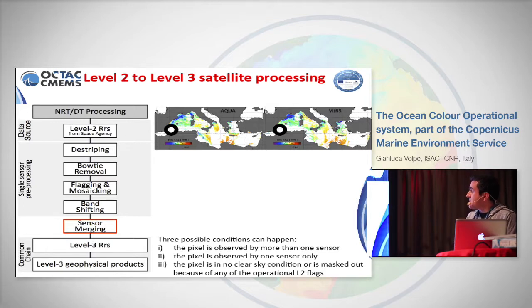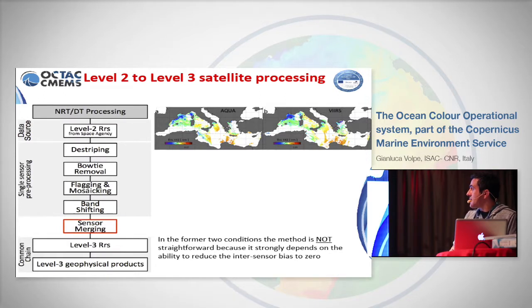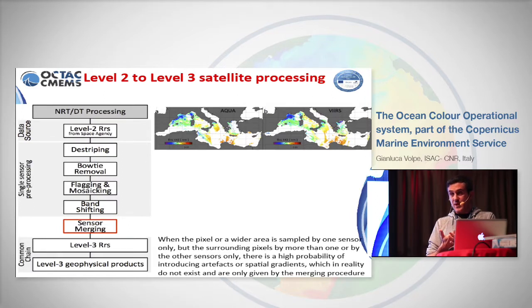Three possible conditions can happen: the area is observed by both sensors, or only one of them was able to look at it, or it is discarded by both. In the former two conditions, the method is not really straightforward because it strongly depends on the ability to reduce the inter-sensor bias to 0.